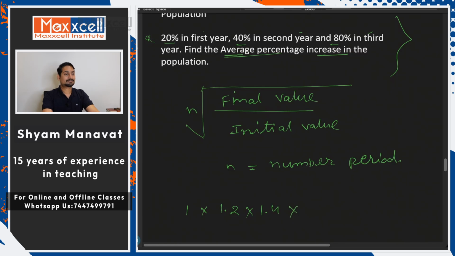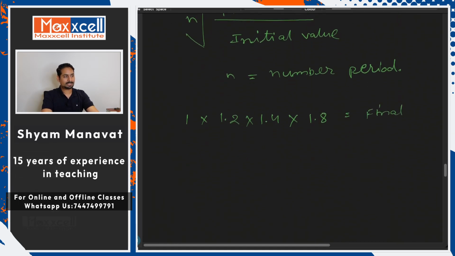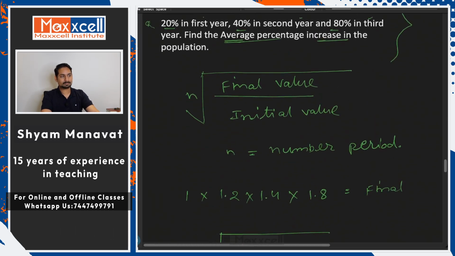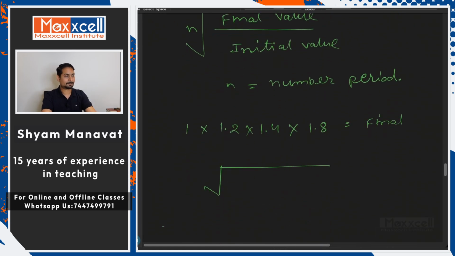Then again it increases by 80%, so you multiply by 1.8, right? This is what you get as the final value. Now to apply the geometric mean, you take the nth root. What is the number of periods here? 3. We are talking about 3 years, right?